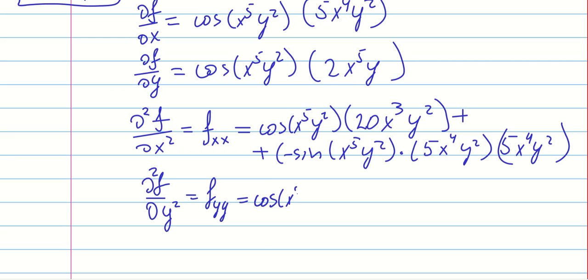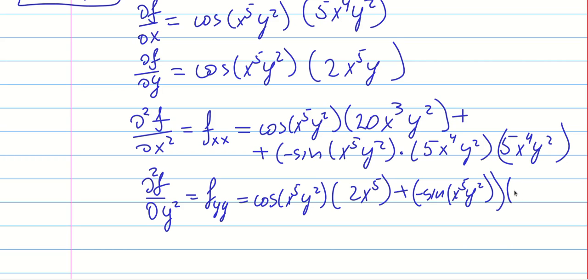It's going to be cosine of x to the 5 y squared times 2x to the 5, plus negative sine of x to the 5 y squared times 2x to the 5 y, and we have another 2x to the 5 y from the expression.